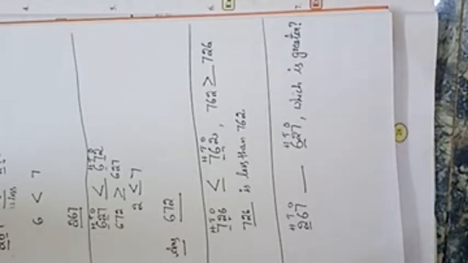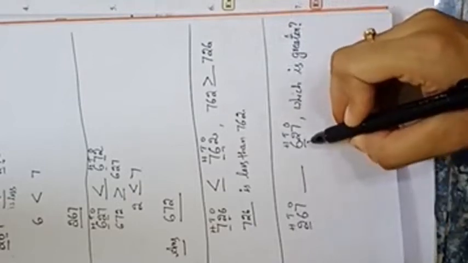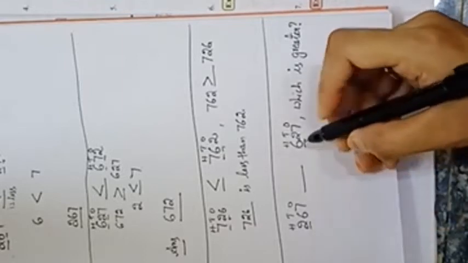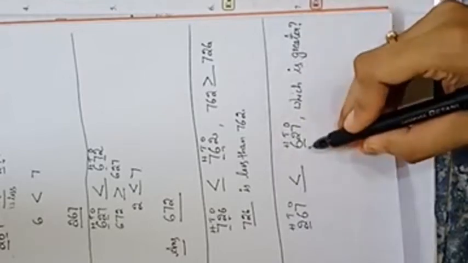You'll say, teacher, 2 is the smaller number. So 2 is smaller and 6 is the bigger number. So the crocodile wants to open its mouth towards the bigger number, 6.